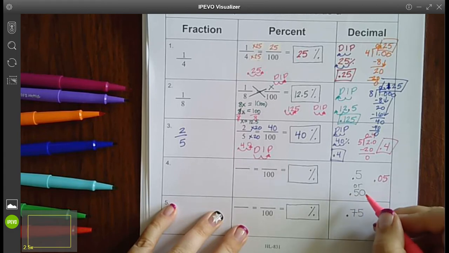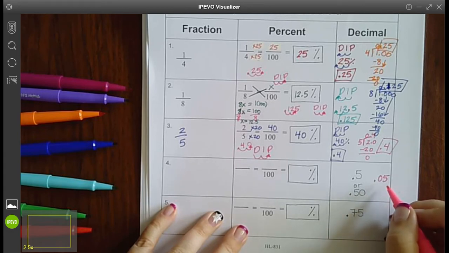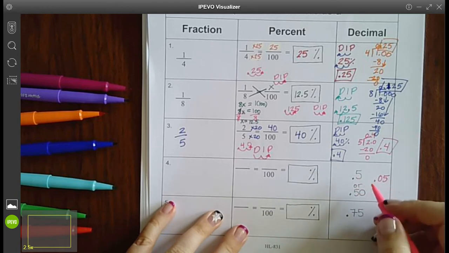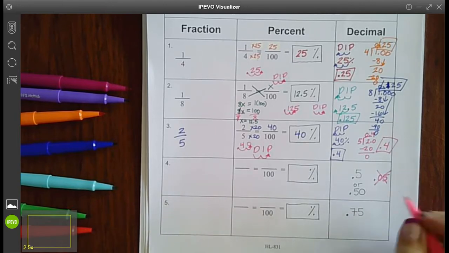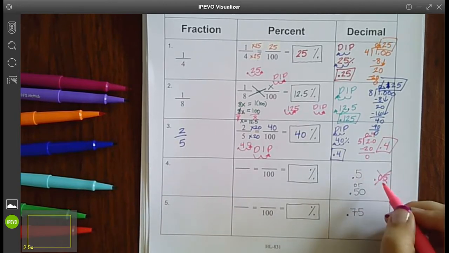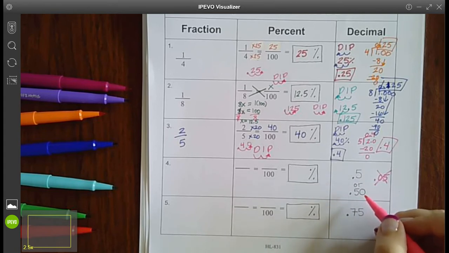If somebody owed you 50 cents and they brought you 5 cents, would you be happy? No. Okay, so the number in the tenths place needs to be the same. These are equal. That is not. So I can choose to drop off a 0 at the end, but if a 0 is between the decimal and a number, that's a very important placeholder, and you can't drop that 0 off. This is not equivalent to these two.